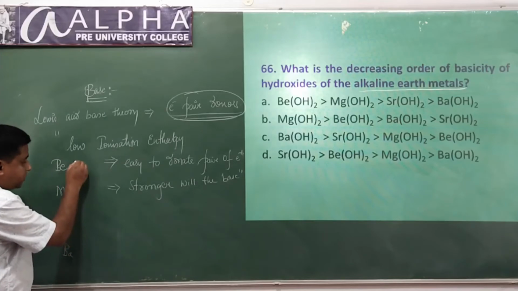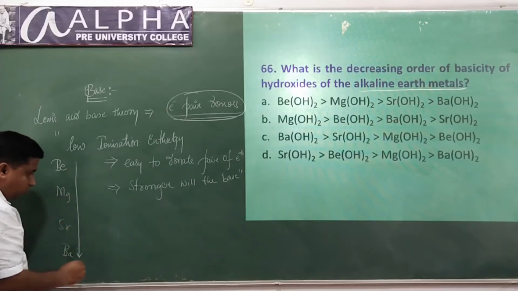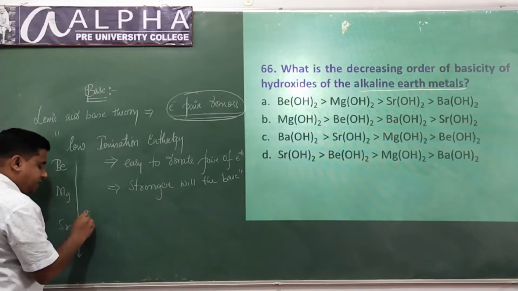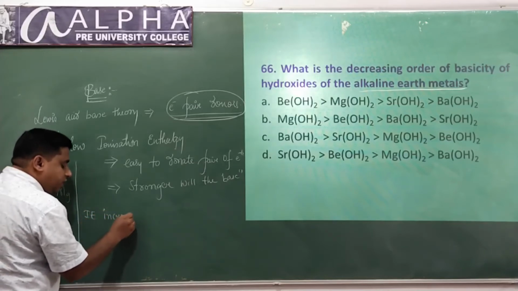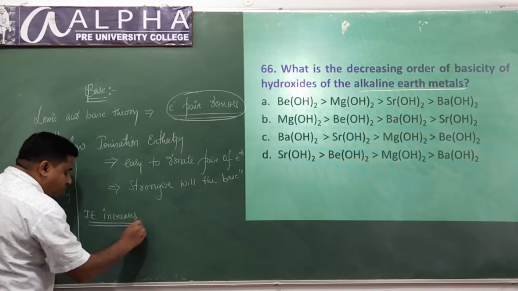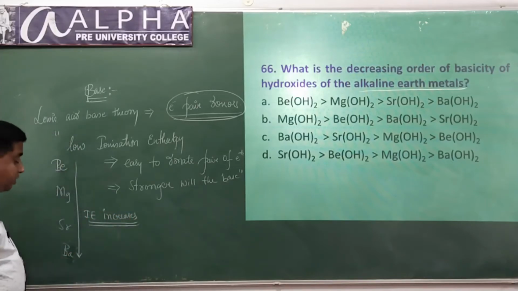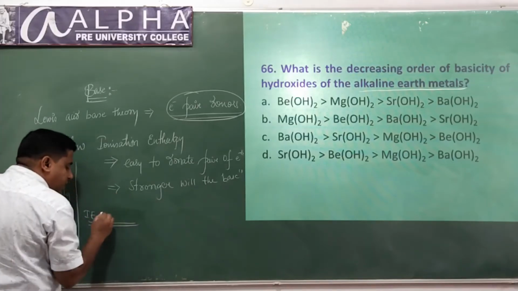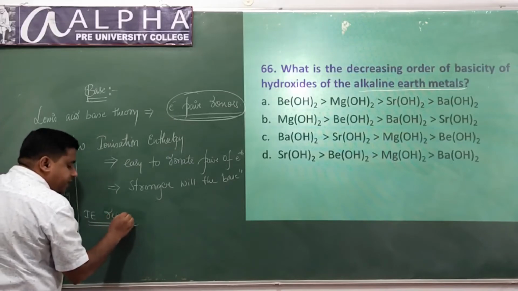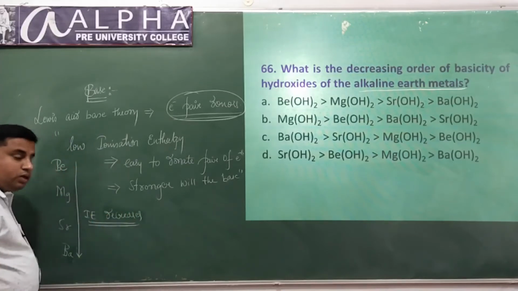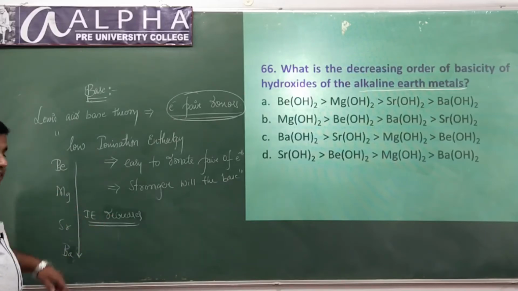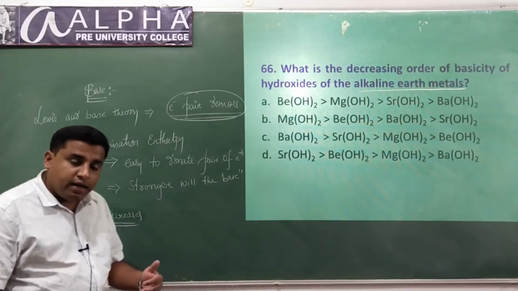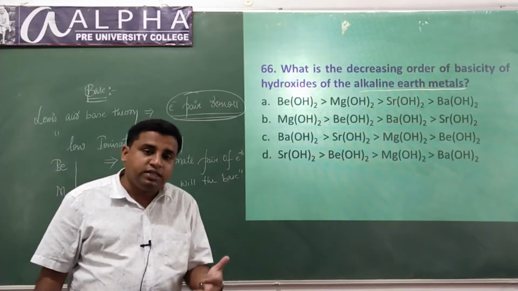Now we know, students, down the group ionization enthalpy decreases. Do you agree with my point? Down the group ionization enthalpy decreases. What do you mean by ionization enthalpy decreases?